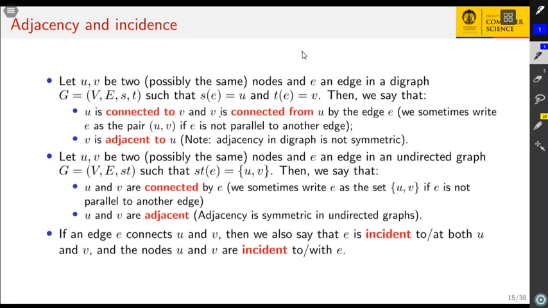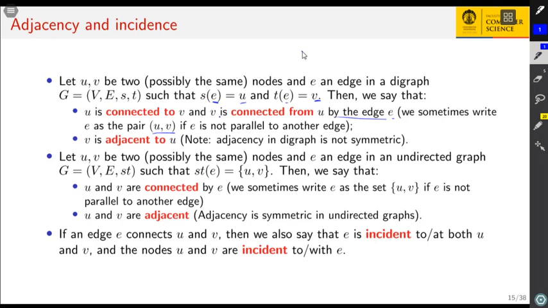When we have a directed edge E here with source U and target V, then we will say that U is connected to V, and also V is connected from U by the edge E. Sometimes we simply write the edge E as the pair (U, V), if we don't really care about the name, in particular, if E is not parallel to another edge. Similarly, we will say V is adjacent to U, but not vice versa.